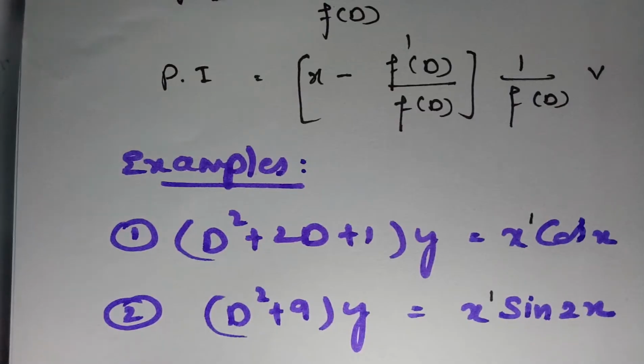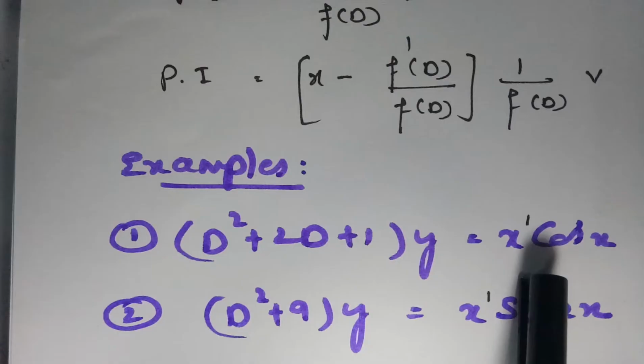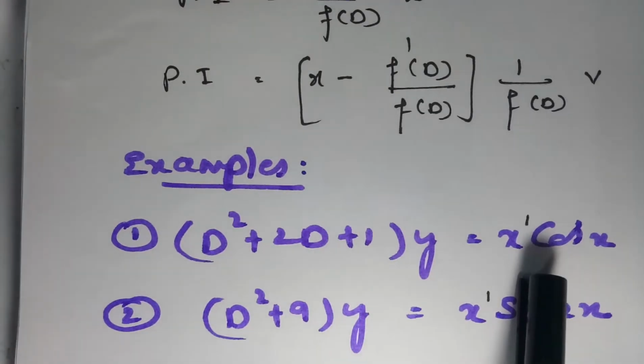Because in method 1, the question is of the form e^(ax). In method 2, it is sin bx or cos bx. In method 3, it is an algebraic function of the form x^k. In method 4, it is a combination of e^(ax) into some v.